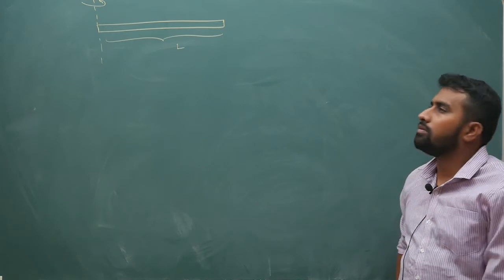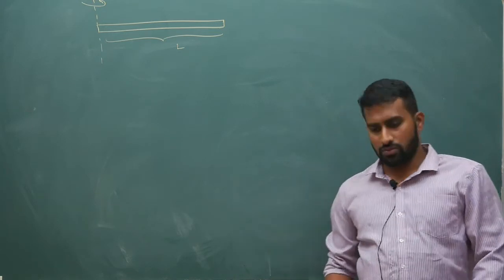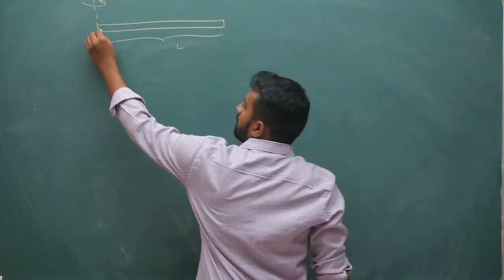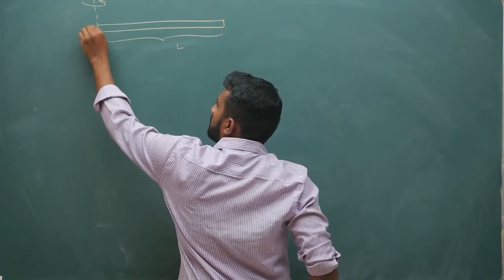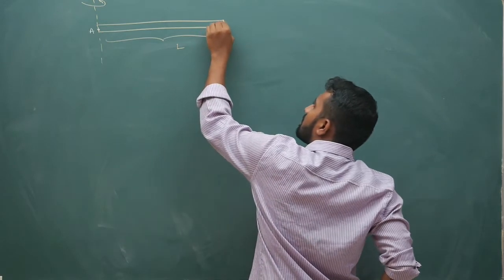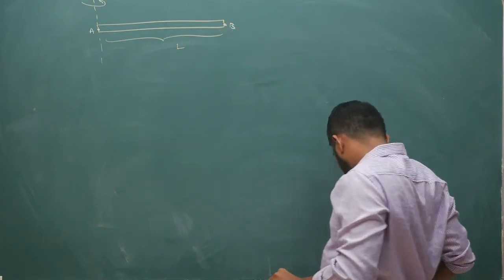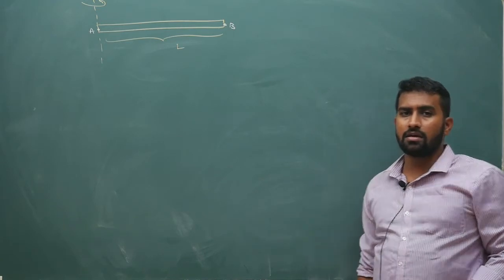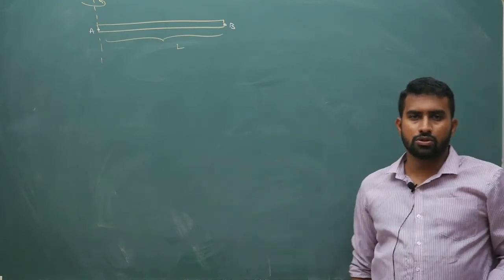So here let us say at this point, this is some point A, this is some point B. Now I am trying to calculate the pressure difference between these 2 points.